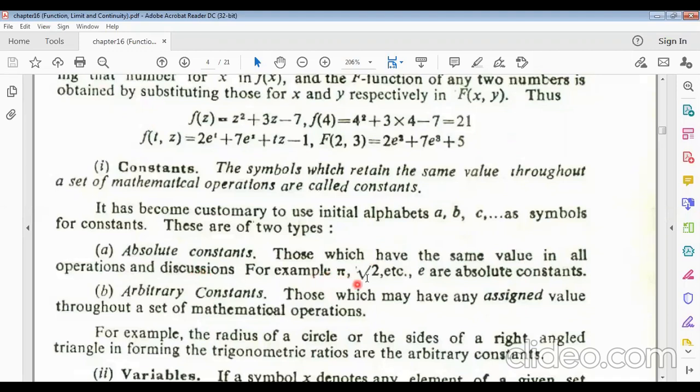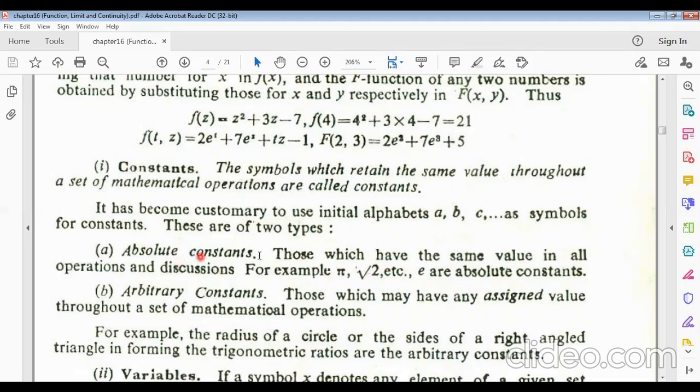For example, pi, root over 2, etc. And e also, Euler's number, are all absolute constants because they are used independently everywhere. Pi's value is 3 point something, and root 2, root 3, root 5, etc.